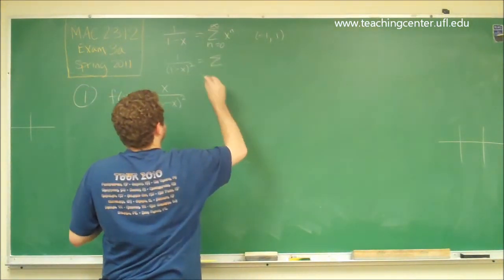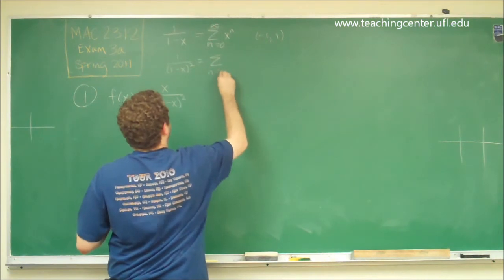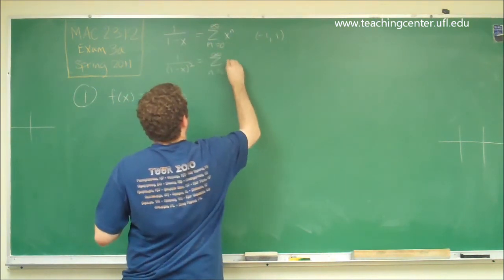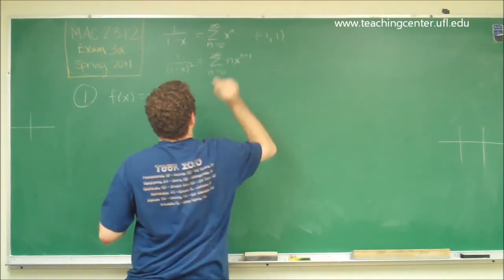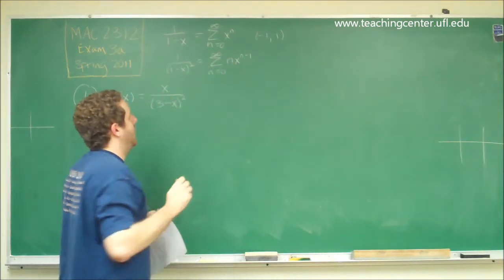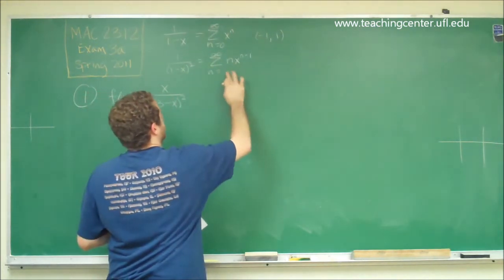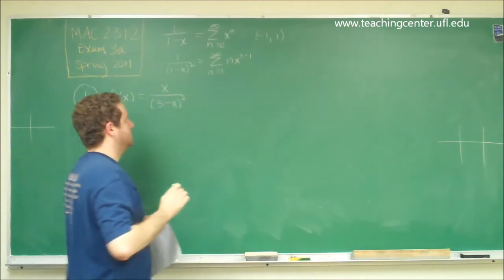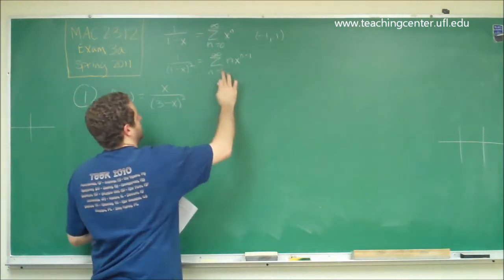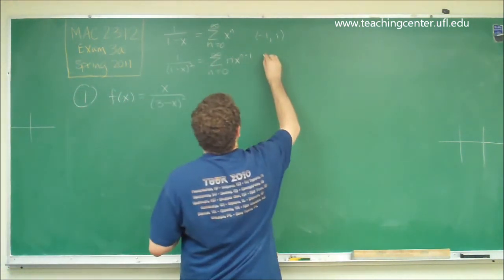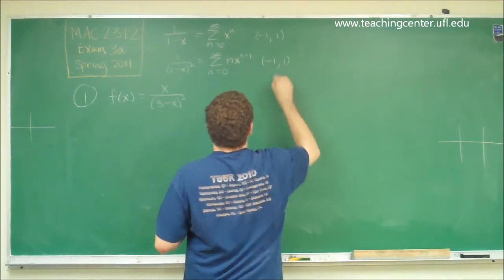And this series would just be the derivative of that. So we would have n x to the n minus 1, and we would start at n equals 1. But our interval stays the same, -1 to 1.